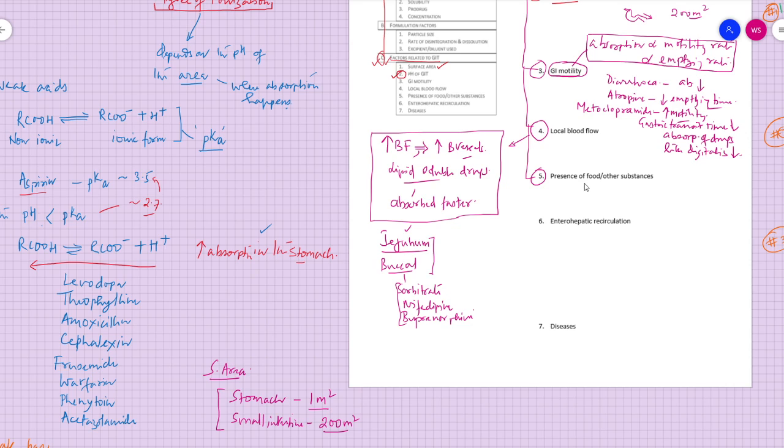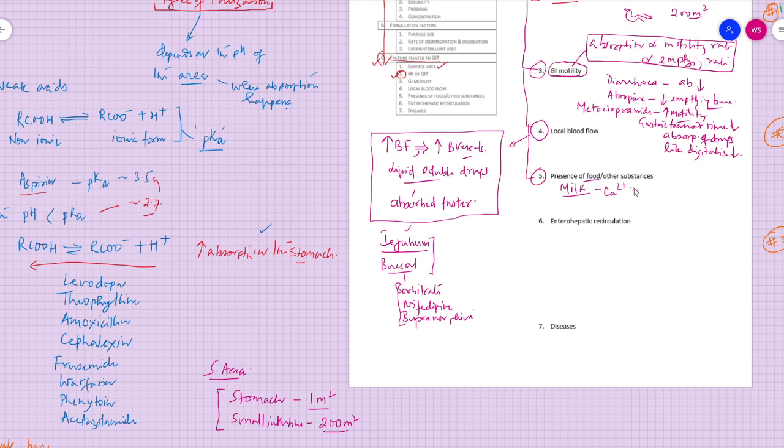Let's take an example of a food, say milk. Milk has got calcium, and this calcium can chelate certain drugs.